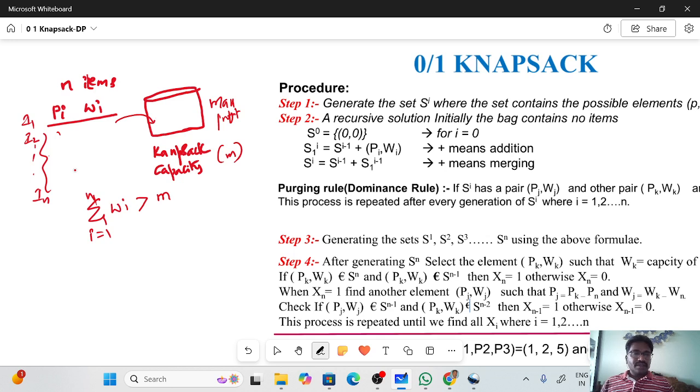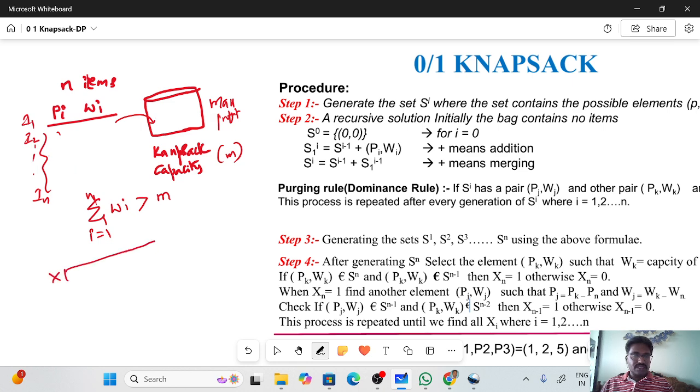So we are going to select some items from the given n items. The items we place into the knapsack must have the maximum profit. To track which items are placed into the knapsack, we maintain a solution vector.